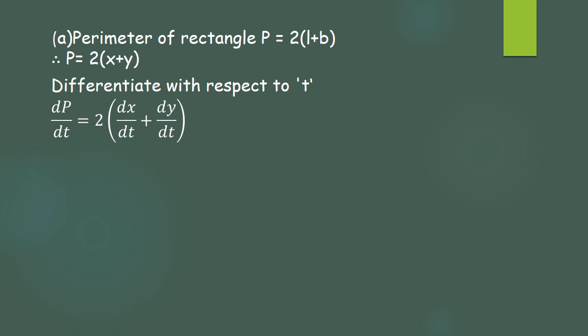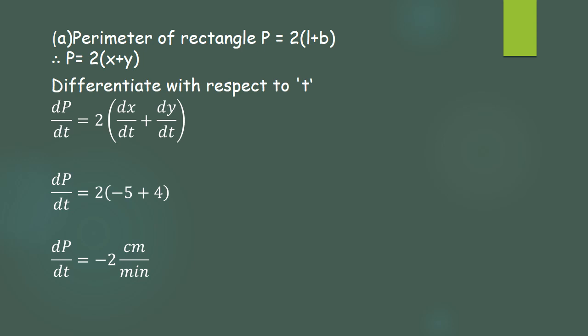Now by replacing the values, dP by dt will be 2 times of minus 5 plus 4. So it will give you minus 2 centimeter per minute. Here again the negative sign indicates that the perimeter will go on decreasing at the rate of 2 centimeter per minute.